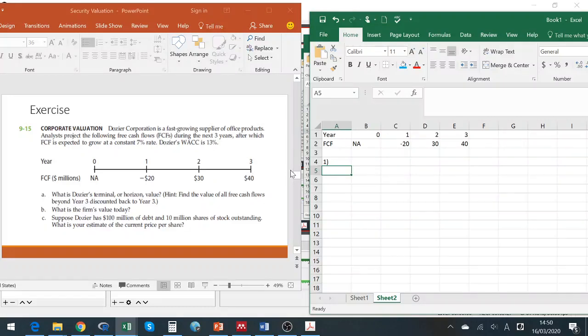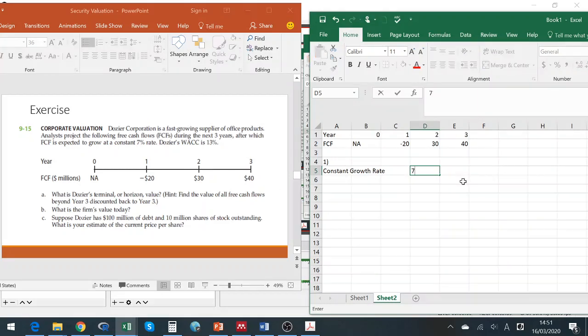Then you use a constant growth rate. It says that after year 3, cash flow is expected to grow at a constant 7% rate, every year.